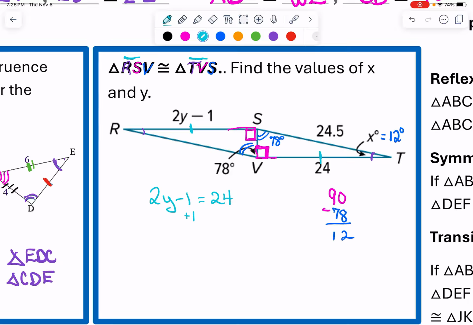Adding 1 to both sides of the equation, 2y is now equal to 25, and then dividing by 2, y becomes 12 and a half, 25 halves, or 12.5.